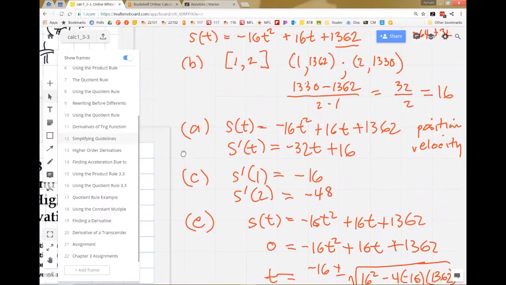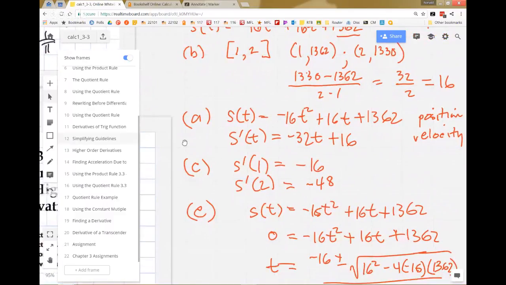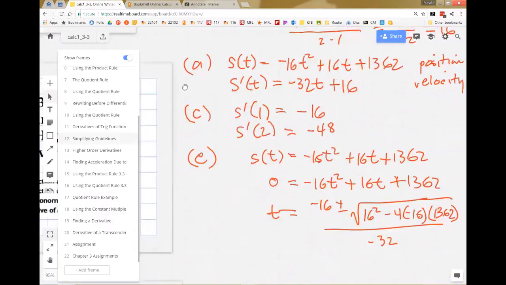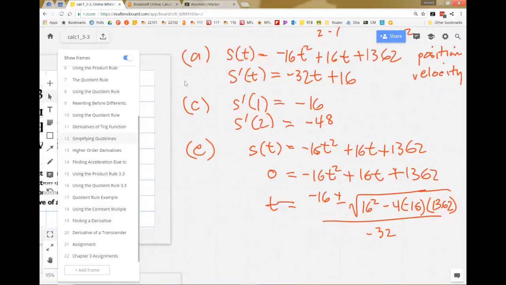So once you know when it happened, then all you got to do to finish it up is find s prime at, and then plug in whatever this time is up here, plug that in there. And you would find out how fast it was going.